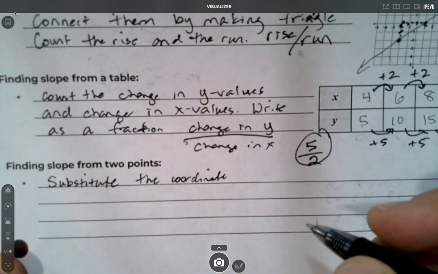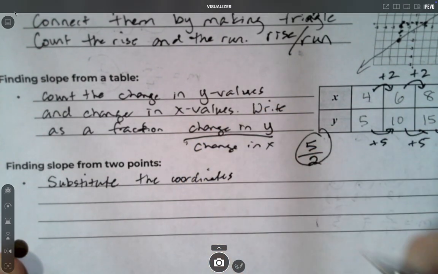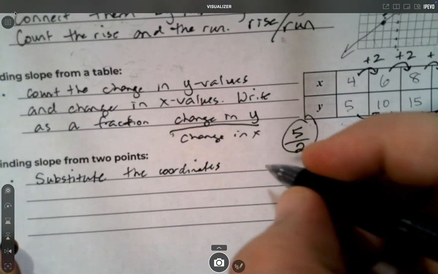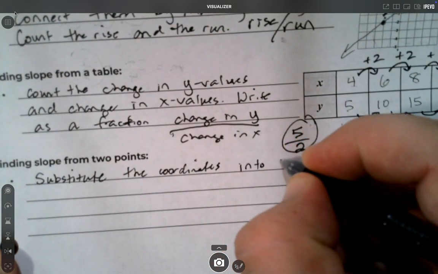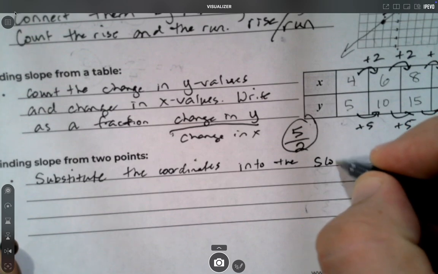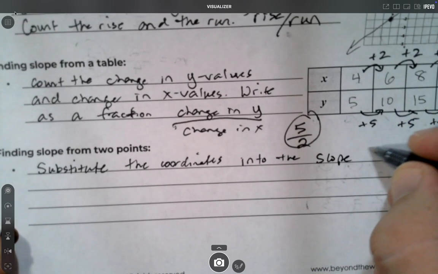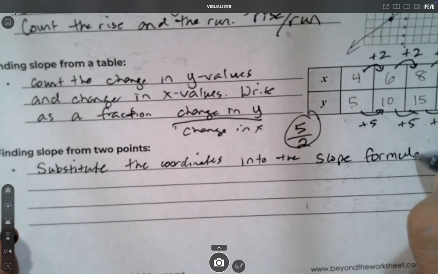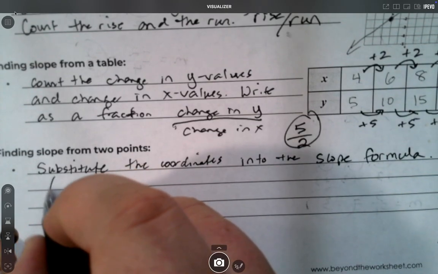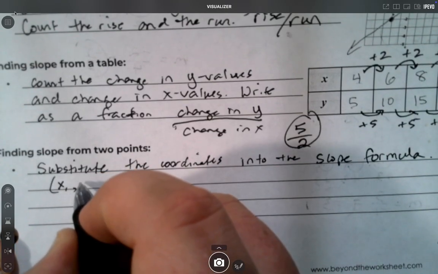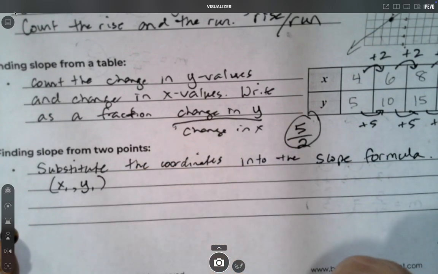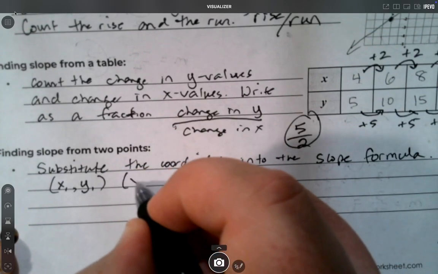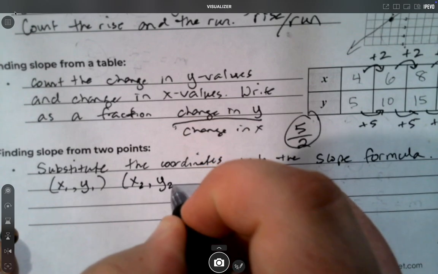Substitute the coordinates into the slope formula, which I'll write in just a moment. It's not a difficult one. So we have 2 points. So x1 and y1, and we have x2 and y2.